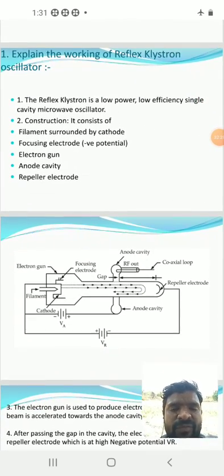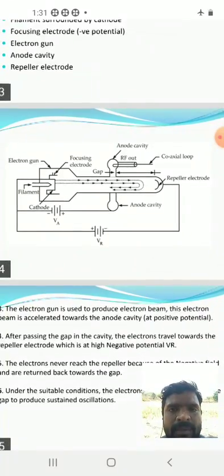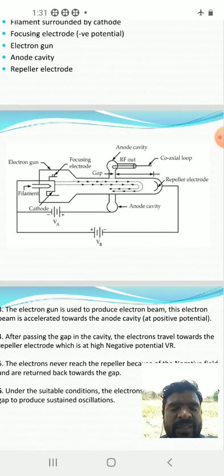Explain the working of reflex klystron: construction, working and its applications. Construction means here we show the diagrams. The reflex klystron consists of an electron gun, filament and cathode, anode, and repeller electrode.